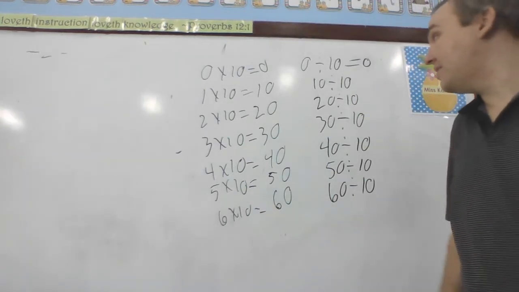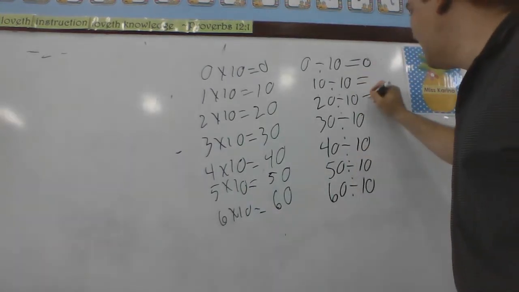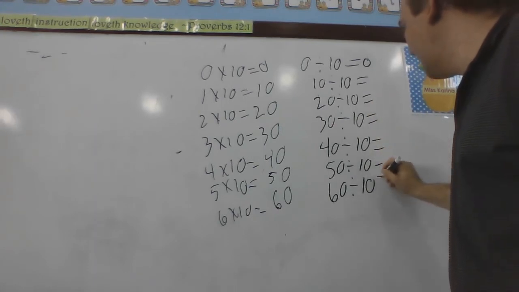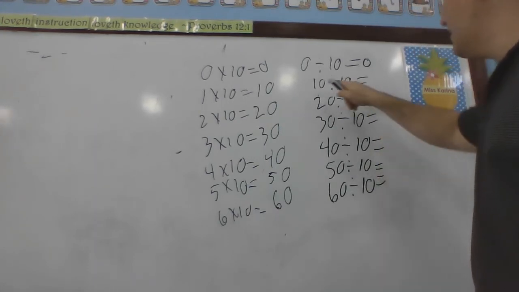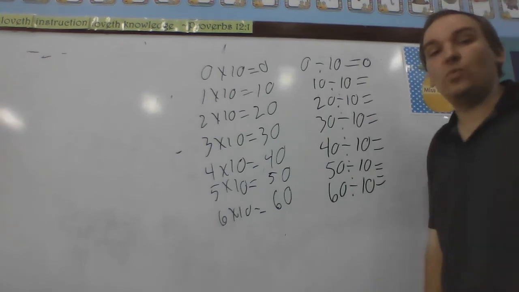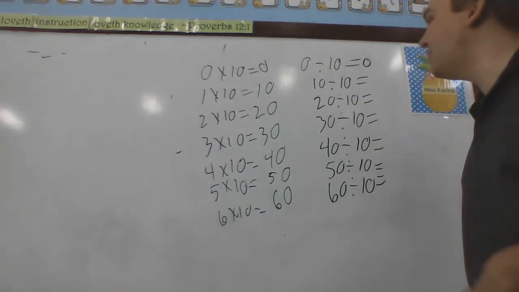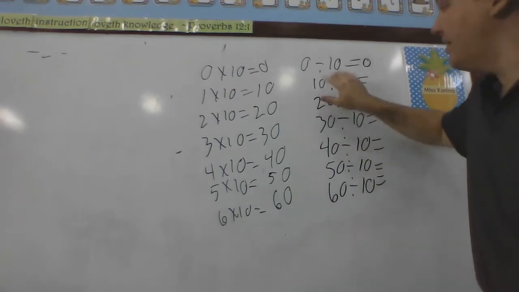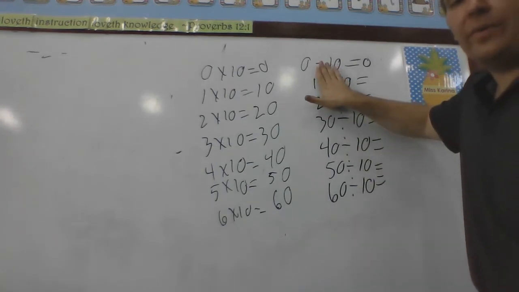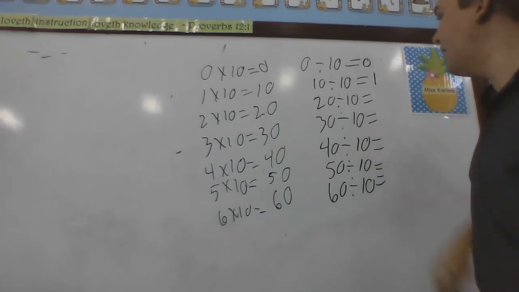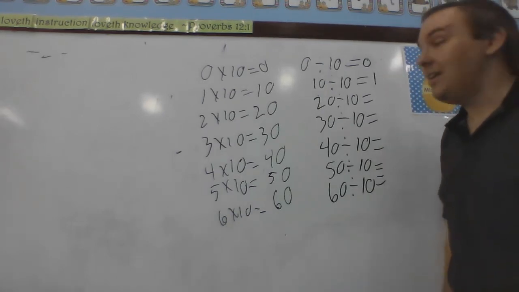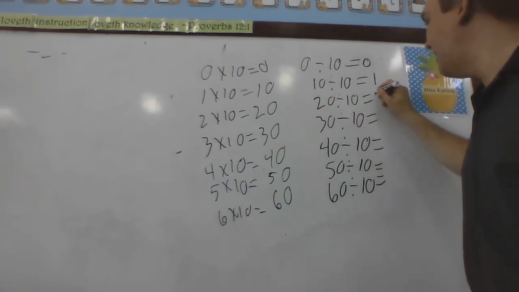Now let's take a look at this. Ten divided by 10 is what? If I have 10 things, I want to put them in 10 groups. I just take that 10 there and get rid of the 0. So now I have 10 divided by 10 is 1. 20 divided by 10 is 2.